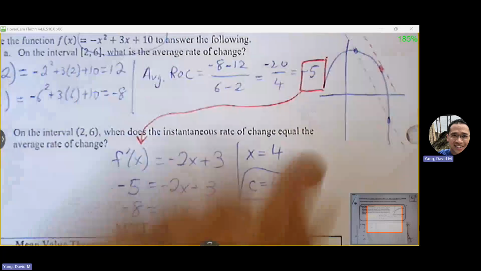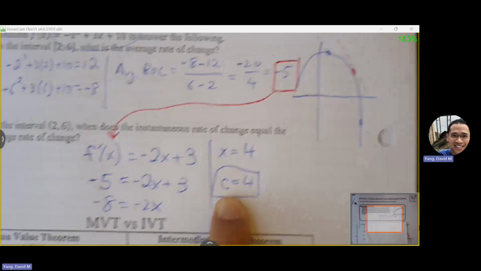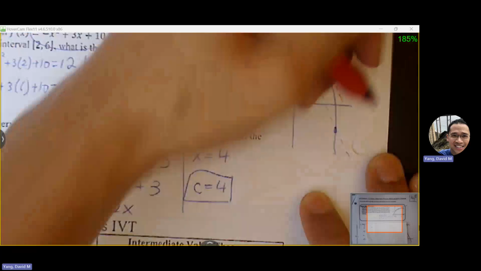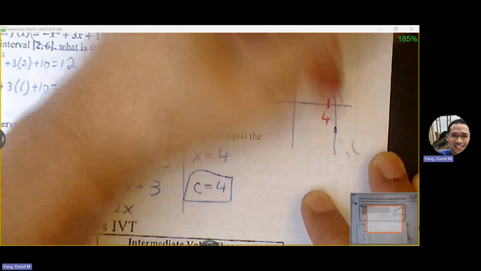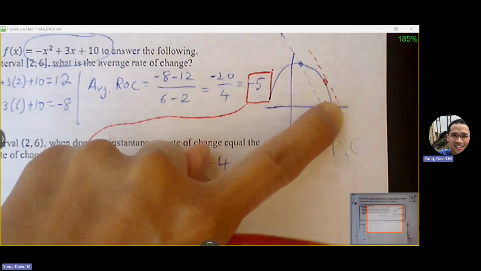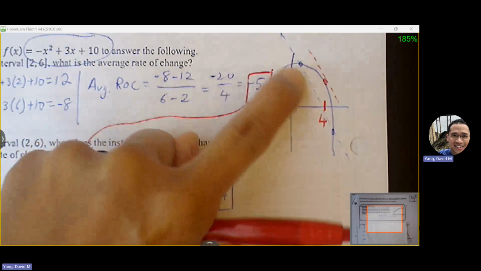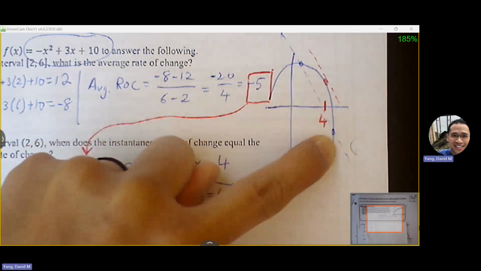C equals 4, that just means C represents the x value solution that we're looking for. And you can kind of imagine this to be true, right? At x equals 4, the graph is going to be experiencing the steepness that we're looking for, a slope of -5 that we found before with the average rate of change.